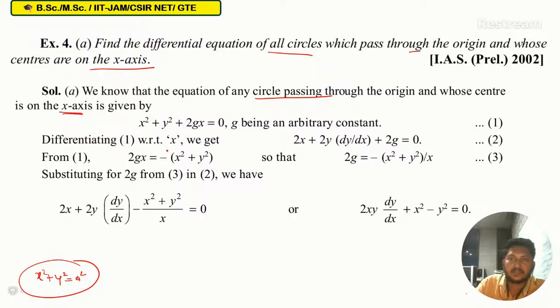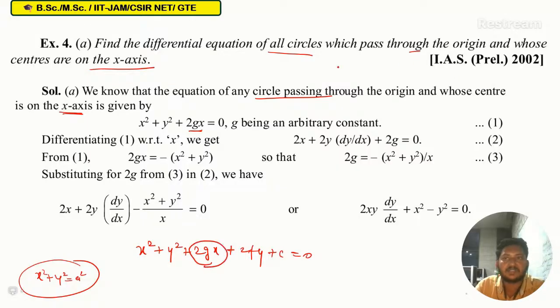You know the standard form of a circle: x square plus y square plus 2gx plus 2fy plus c equal to 0. So here, through the origin and whose center is on the x-axis.